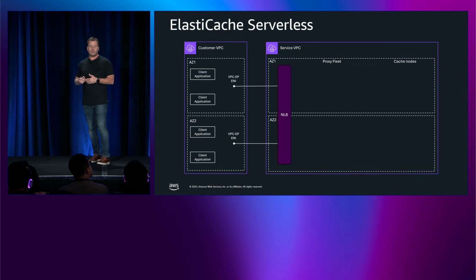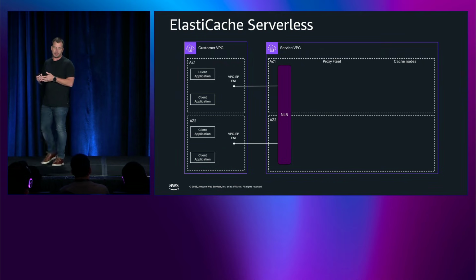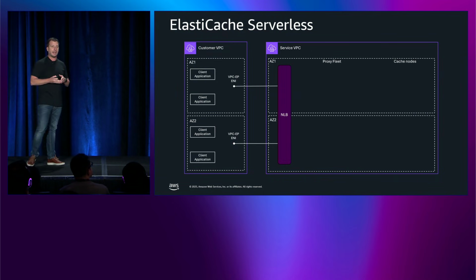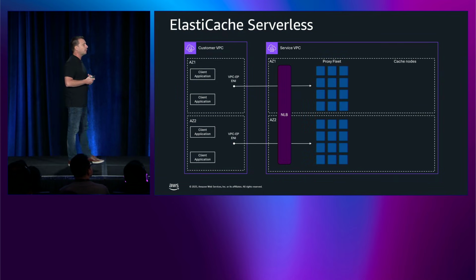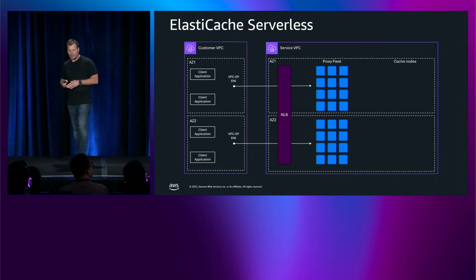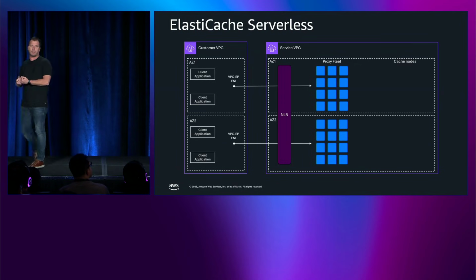Once you create your endpoint to ElastiCache serverless, you connect from your VPC using a VPC endpoint to the ElastiCache serverless VPC. At the beginning, you reach the NLB, and the NLB is responsible for balancing the traffic across the serverless proxy. I'm going to talk about the proxy in the next few slides and explain why we built it.